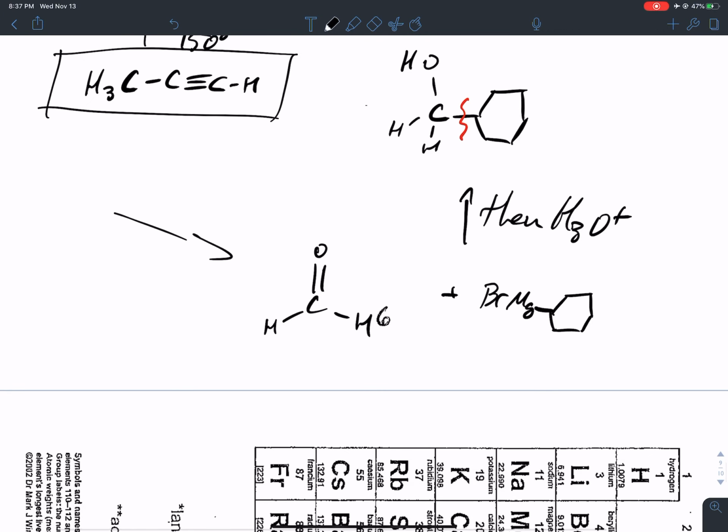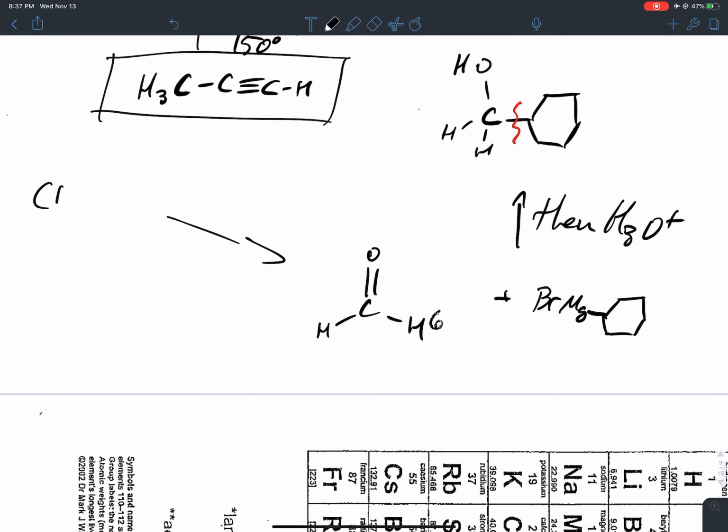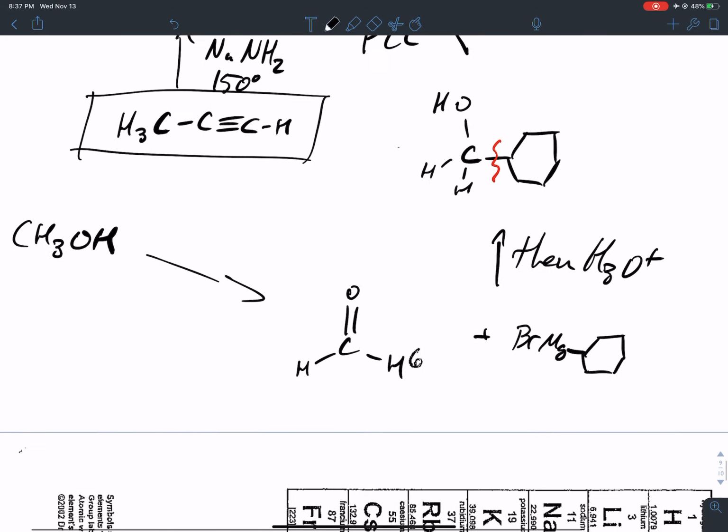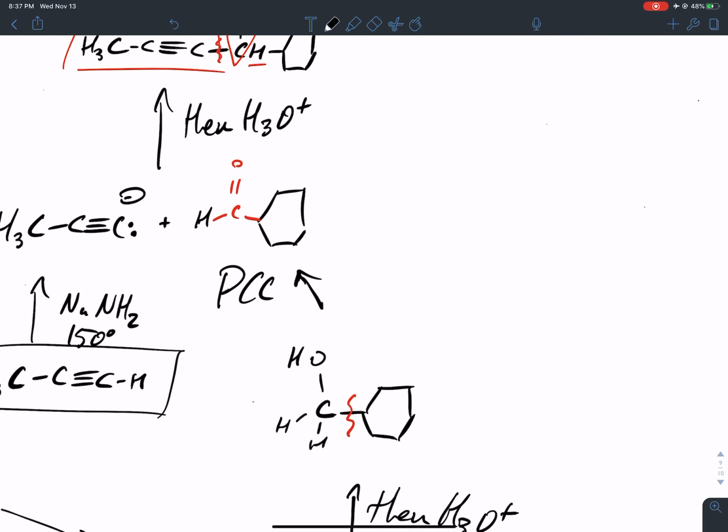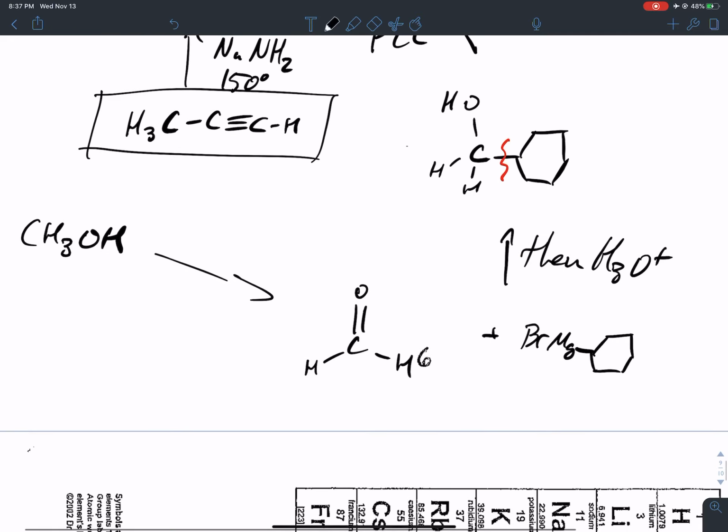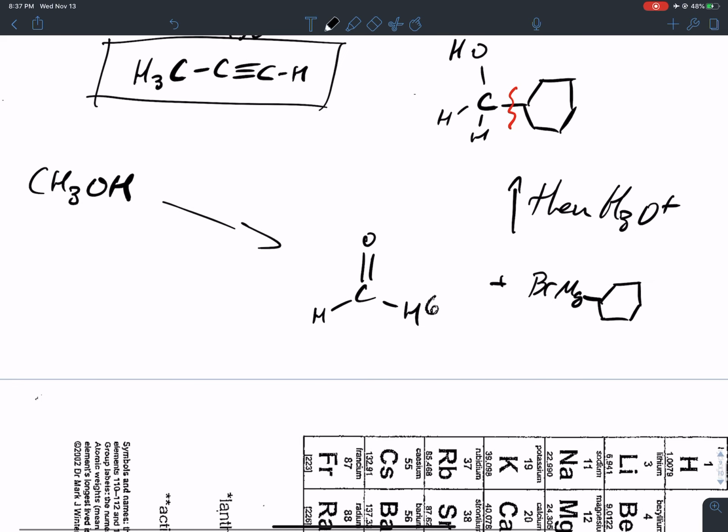What did we say about turning alcohols into aldehydes? What reagent? Remember, we had Jones dichromate, PCC. It's PCC. PCC is the only one that's going to stop. If you use Jones, this thing is actually going to bust open into CO2 and water. It'll oxidize it so much that it'll just bubble away.